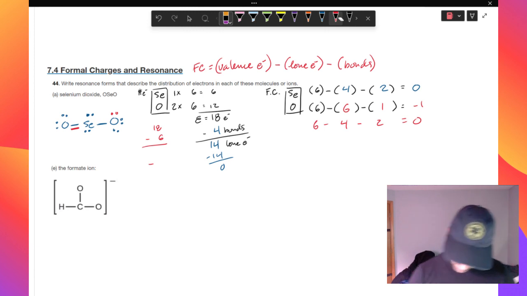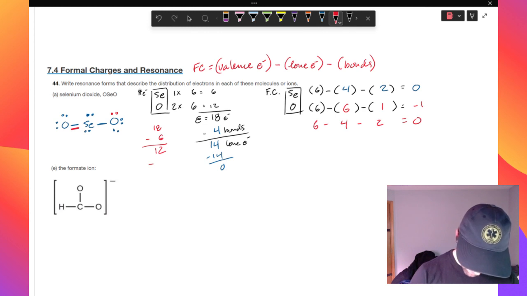Minus 6 in bonds would give us 12. Minus 2, 4, 6, 8, 10, 12. That would be 14.